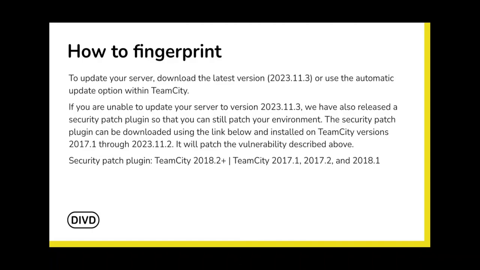There was also a quick patch, a hot patch, a plugin, and if for some reason you were not able to update to the newest version, 2023.11.3, then you could activate that plugin.